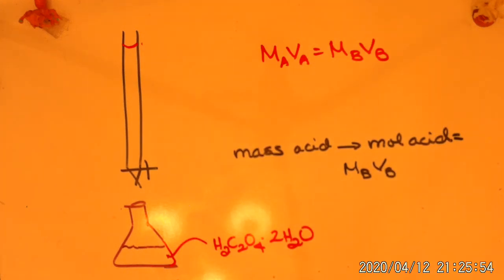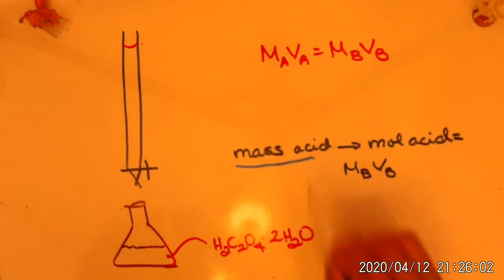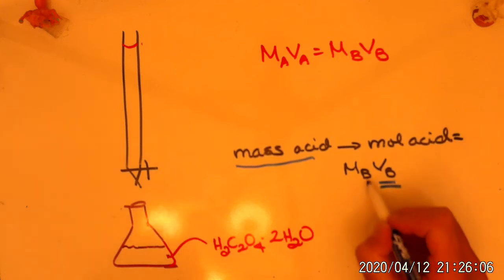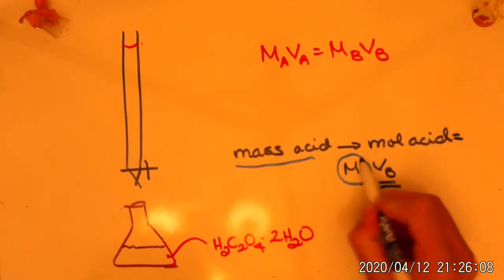So when we do this first set of titrations, you're going to have this mass, you're going to have this volume, and we're going to look for the concentration.